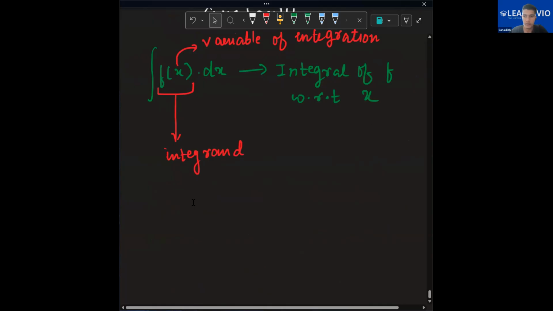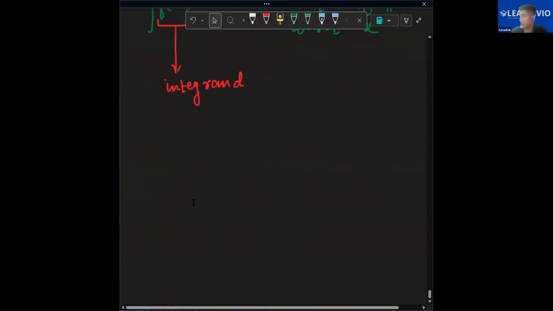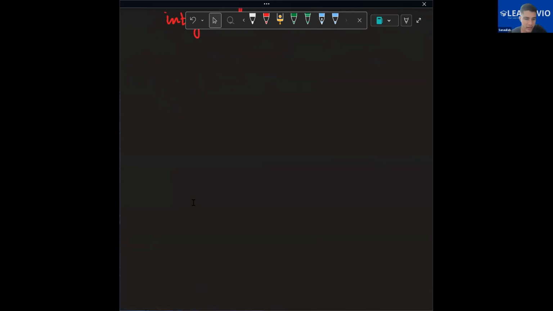So there are some basic integrals that we should know. So I'm writing some basic integrals. Okay, you know what is the differentiation of x^n?